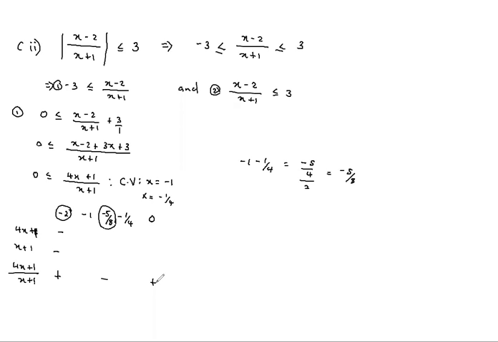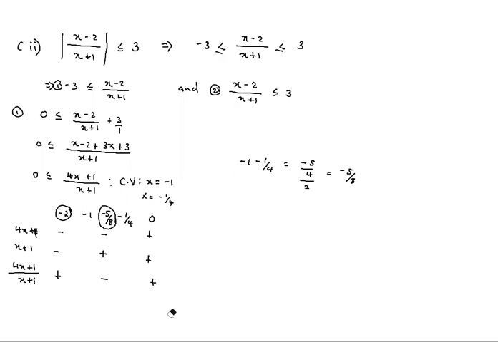Is it true? Yes. 4 times negative 5 over 8 plus 1 is 2 here, so you get negative 5 plus 2 over 2, which is negative, positive, positive, positive.